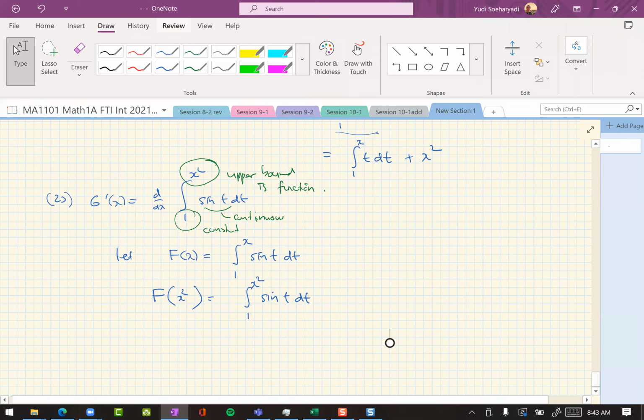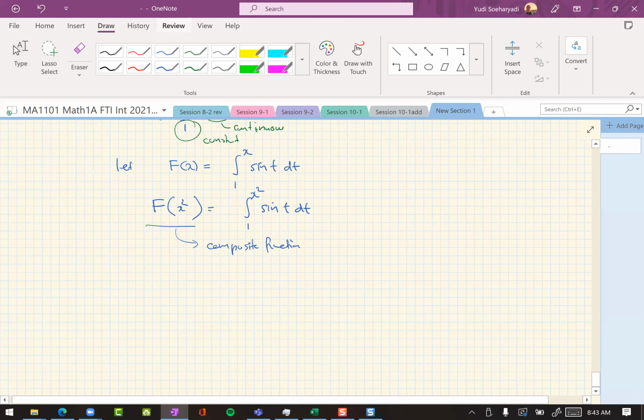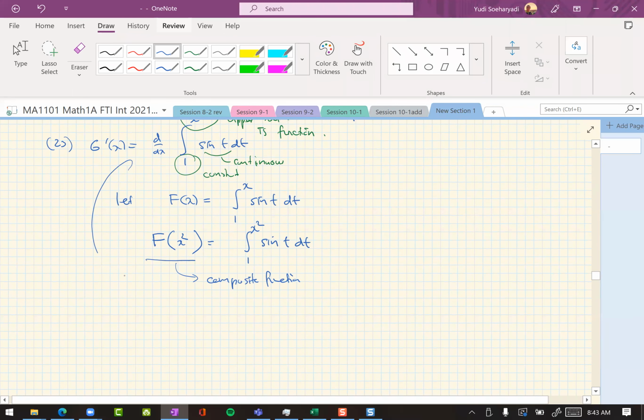Okay, so that means this one is a composite function. So in order to take the derivative, you need the chain rule. Okay, so this becomes d/dx of F of x squared.